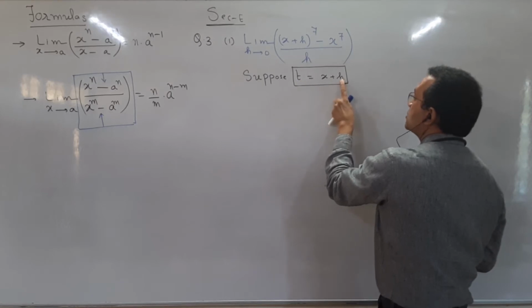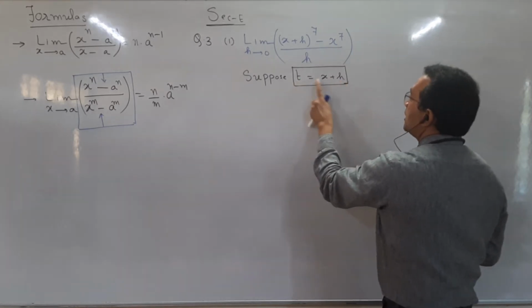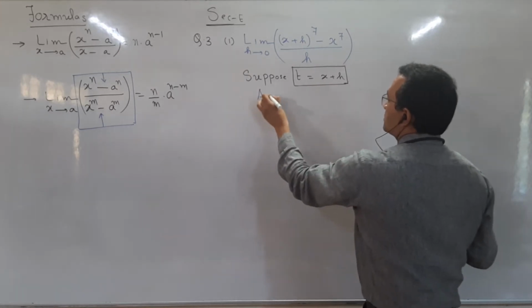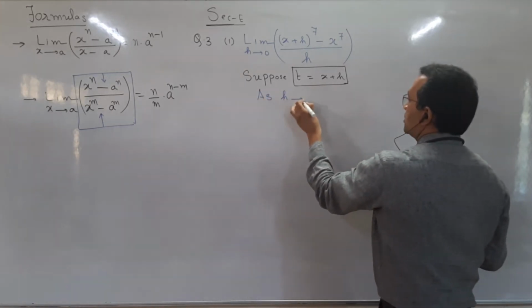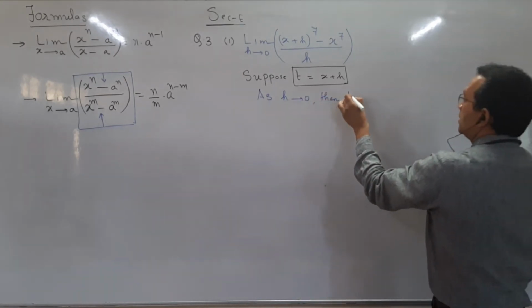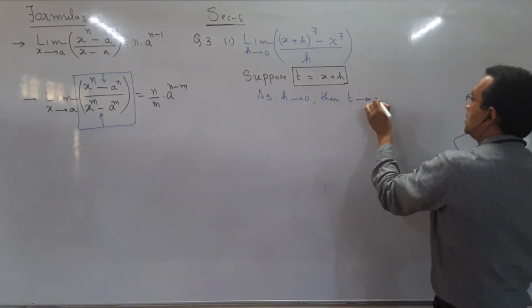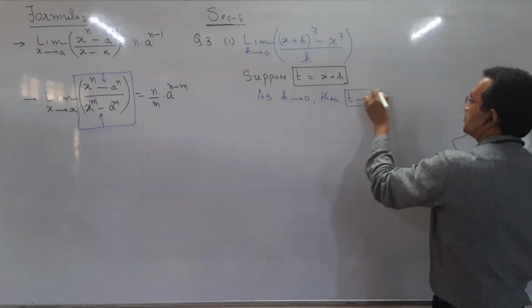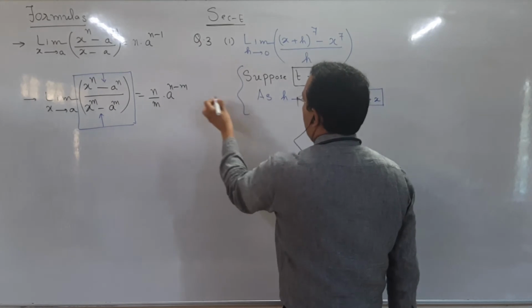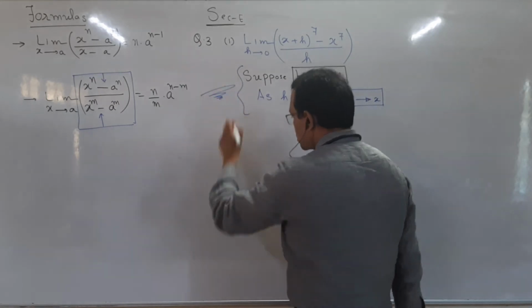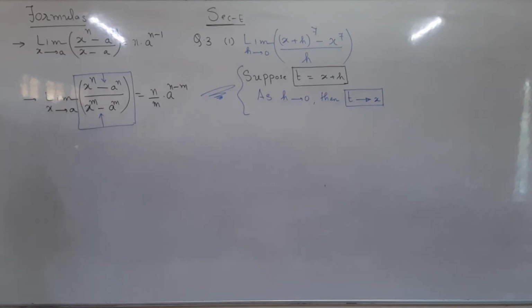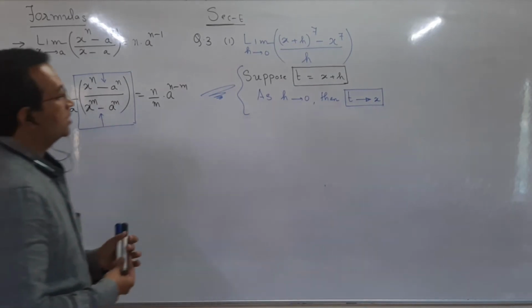If I take here h is equal to 0, then t will be x. So what we write as limit h tends to 0, then limit t tends to x. Once again, these two steps are most instrumental in the sum. So students, try to understand this.